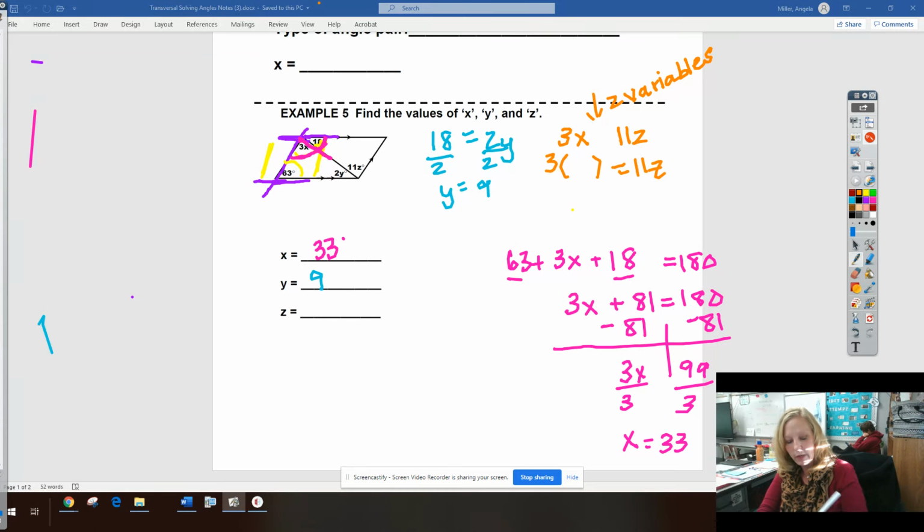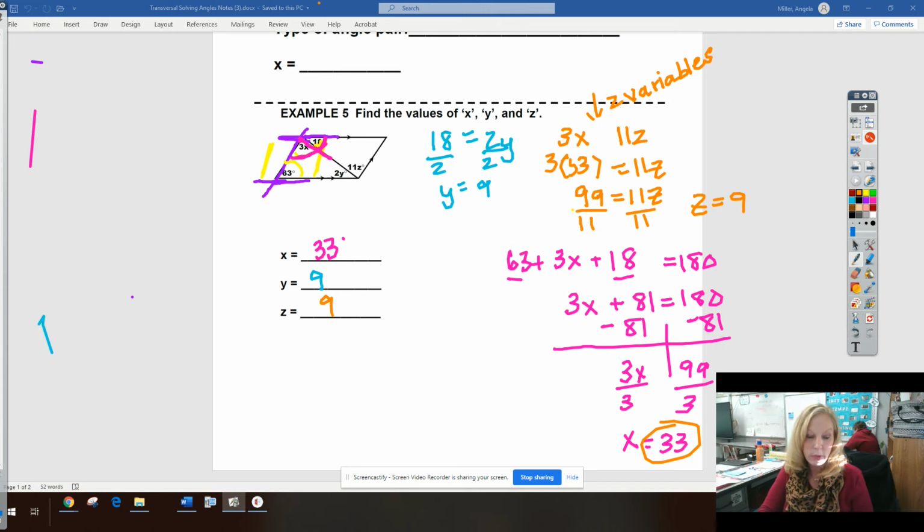Okay, so we know our x is 33, so we're going to plug it in up here. Since we already did that math, 3 times 33 is 99 equals 11z. If we divide both sides by 11, that's going to give me 9. So z is going to equal 9. Look at that. We have two 9s.